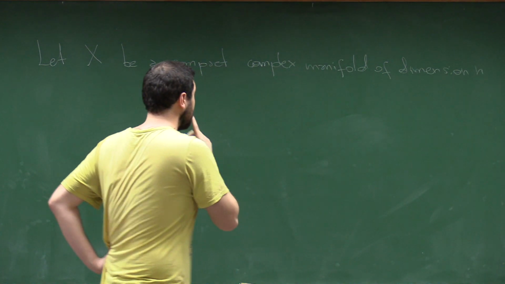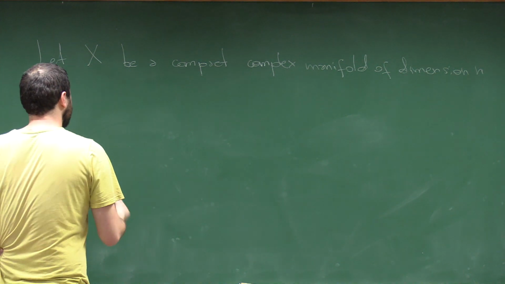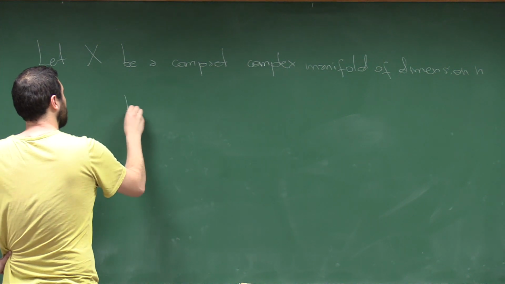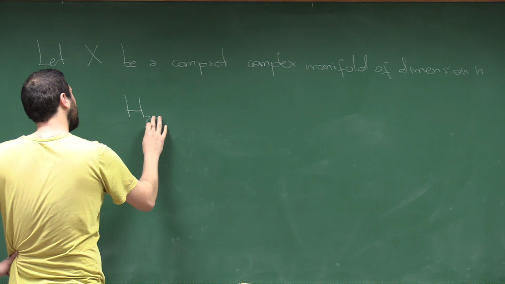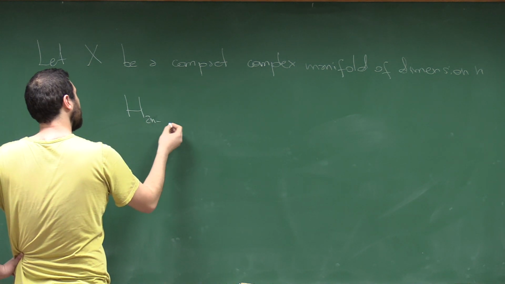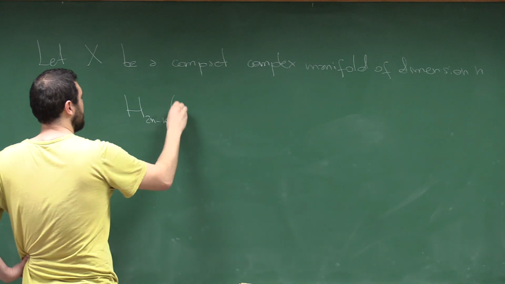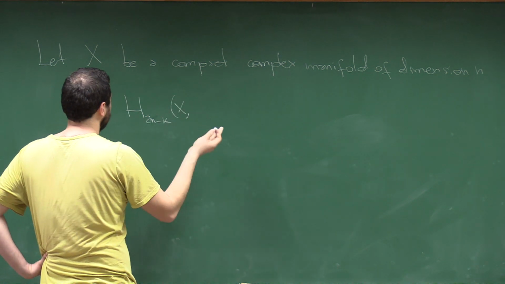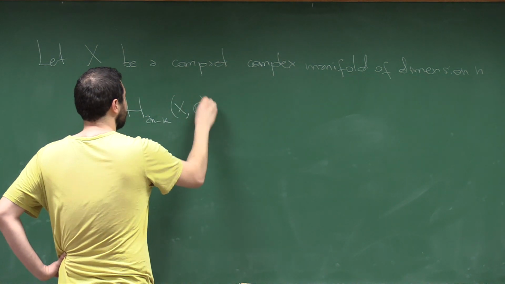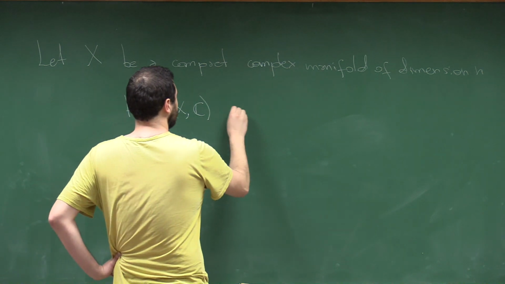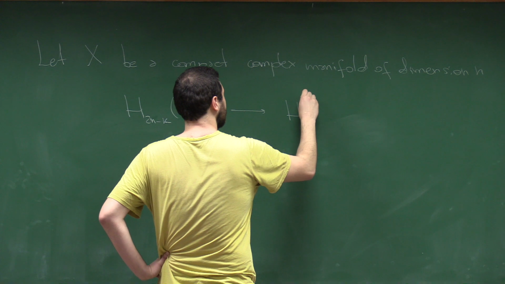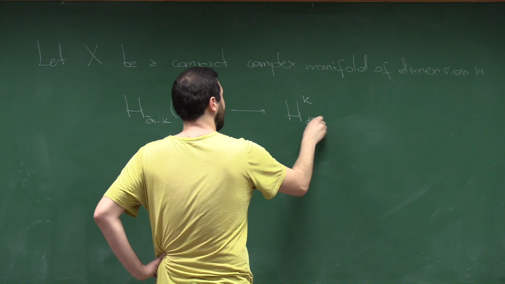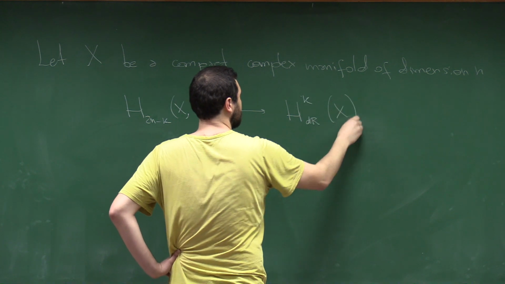We know that we have this map that takes the homology H_{2n minus k} of X with, let's say, complex coefficients to the de Rham cohomology group of X with complex coefficients.